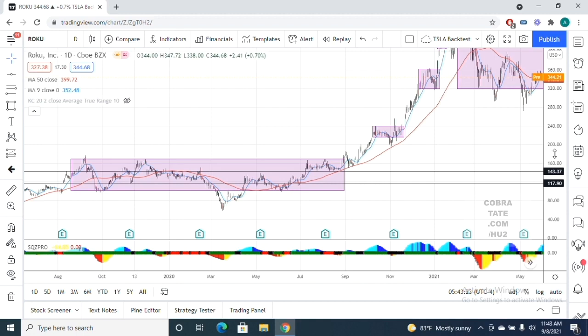The 9 moving average is my short-term momentum filter, and the 50 moving average is my medium-term momentum filter. If the price is above the 9 moving average, it's likely to keep going. It's likely that it has high momentum right now, and it should move fast and move higher fast.